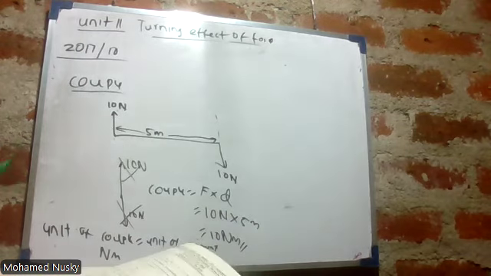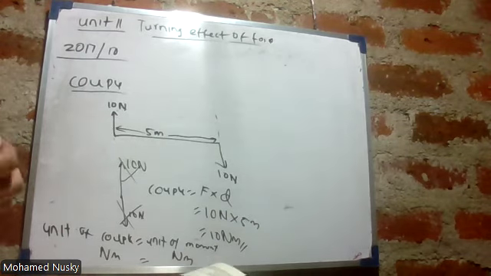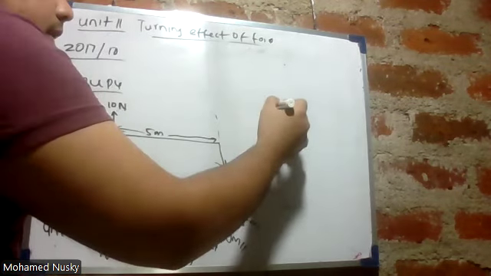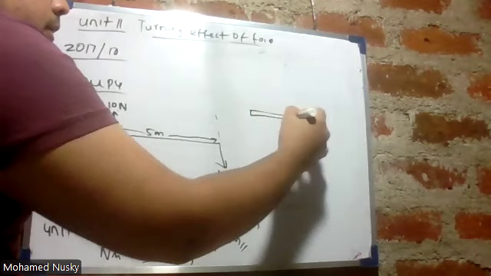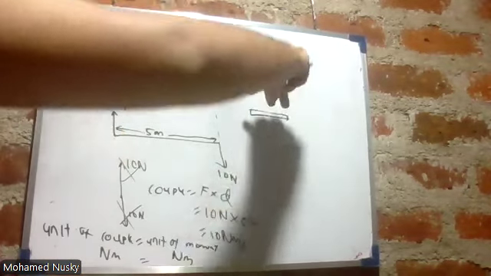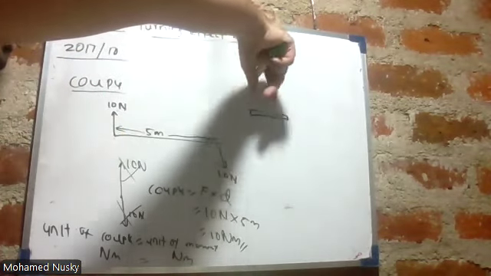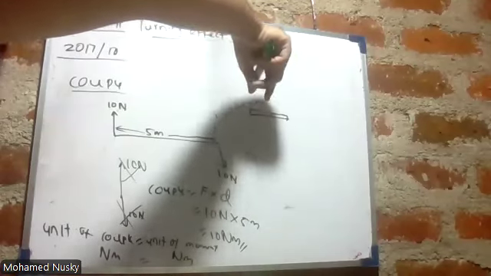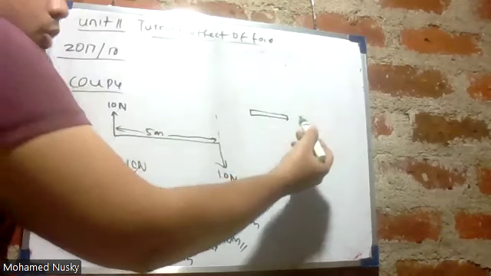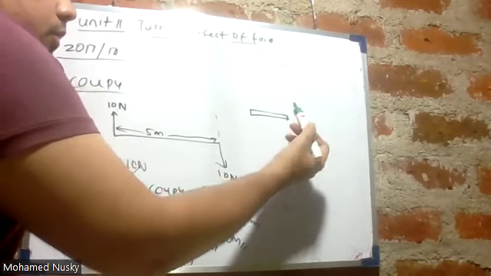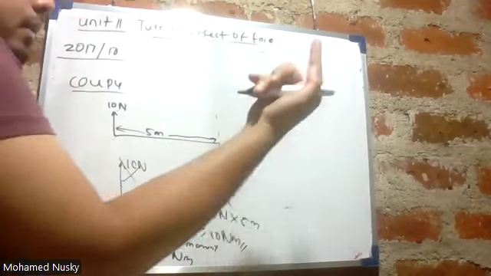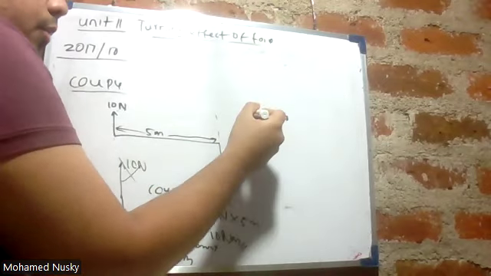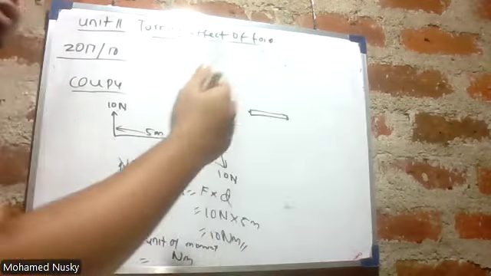So, you know the applications of couple, like opening and closing the tap. Here we have the tap. In this tap, what are we doing? We are going to turn it, to close it or open it. So, we are going to give a force outside the board, and we are going to give a force inside the board.